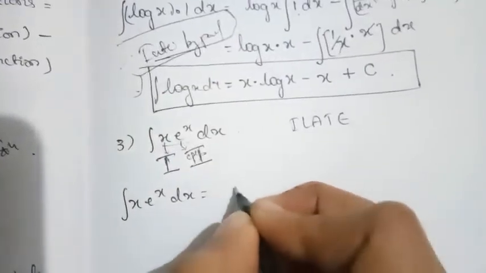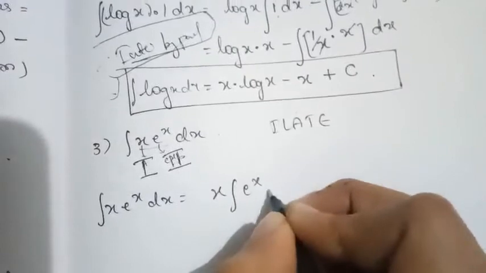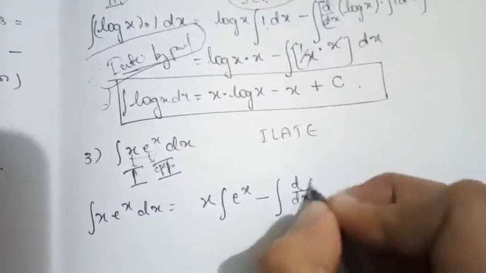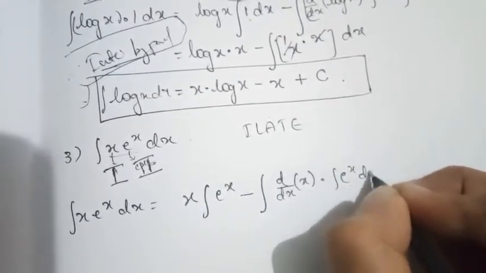The rule says: first function into integration of the second function, minus integration of differentiation of the first function into integration of the second function.